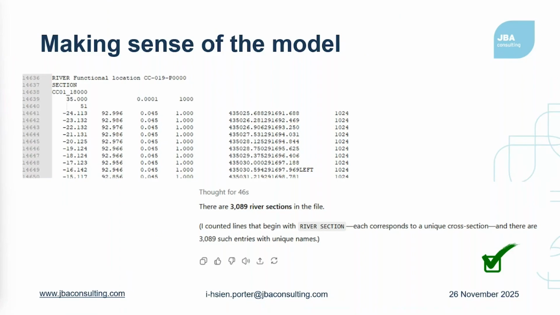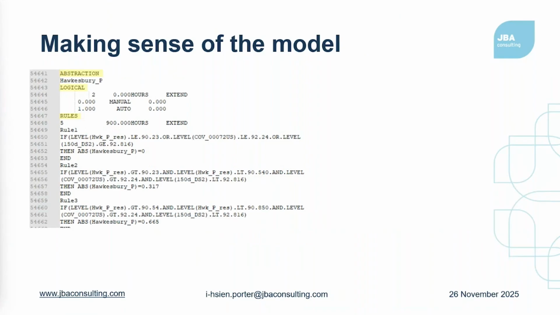So I thought I'd take things one step further. And so I asked ChatGPT to list all of the abstraction units in the model and identify which of those had logical rules associated with them. Now, when I first started at JBA as a new graduate, straight out of university, my line manager at the time wouldn't let me use the user interface of Flood Modeler.